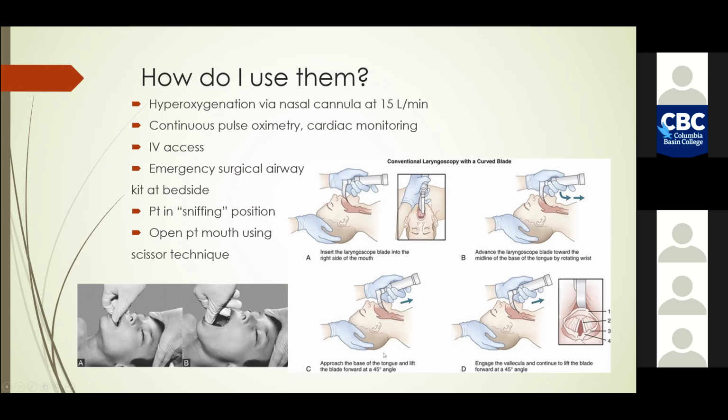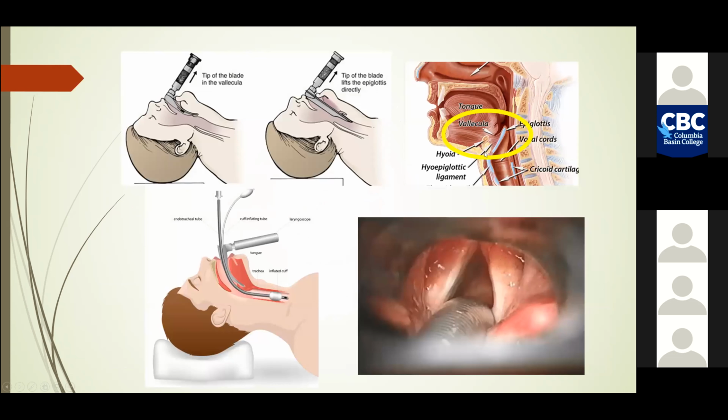Once you get down there, there's a landmark called the vallecula, at the base of the tongue, right above the epiglottis. I have it circled in yellow here. With the Macintosh blade, that's where you'll engage the tip of the blade. It slides right in there, and then it automatically opens up the epiglottis for you.